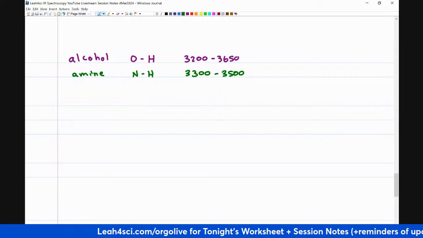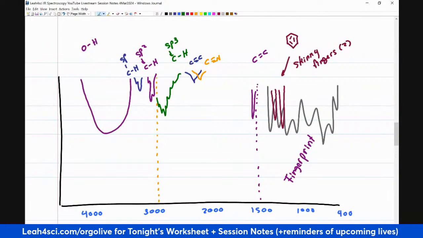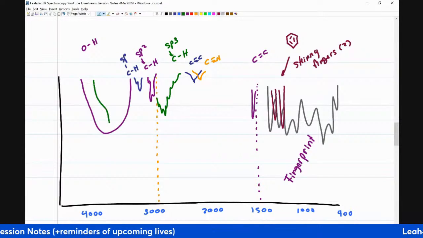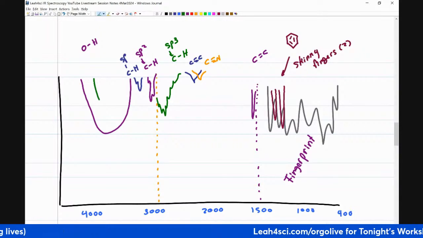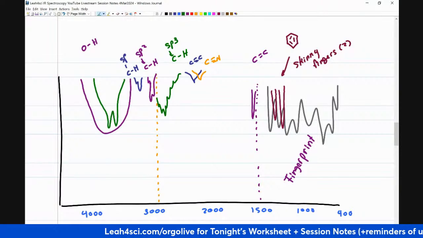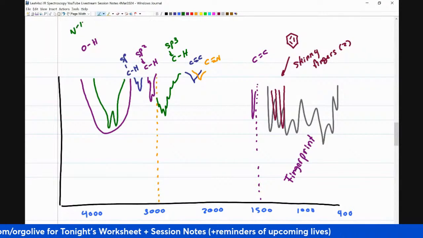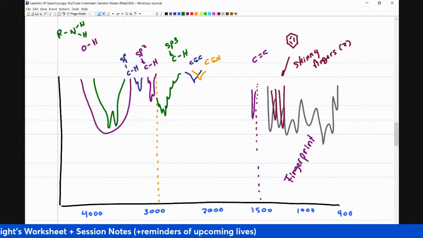So how do you tell the amine from the alcohol? The amine is going to be a little bit more pointy, and it's also going to tell you how many H's you have on there. Let's say I have an amine with two hydrogens, so for example, I have an N, H, H, and then an R group.